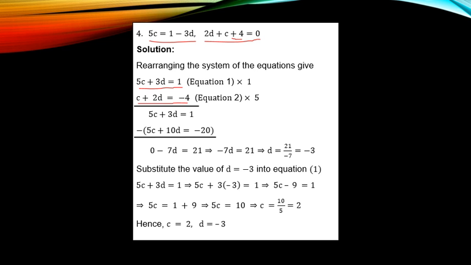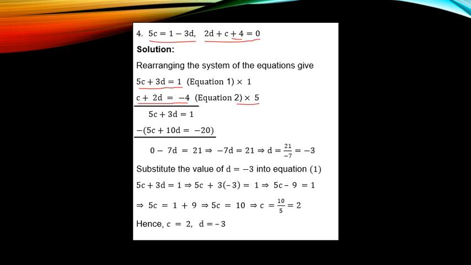Next is to determine the variable to be eliminated. The voice of Petakus wants to eliminate variable c. To do that, variable c must have the same coefficient in both equations. The LCM of 5 and 1 in both equations is 5.